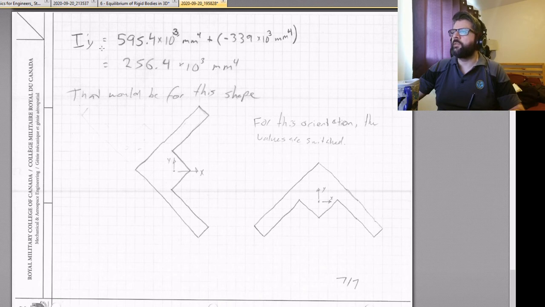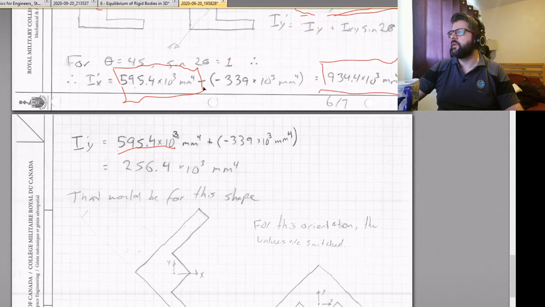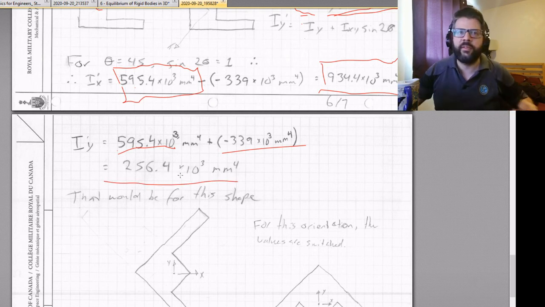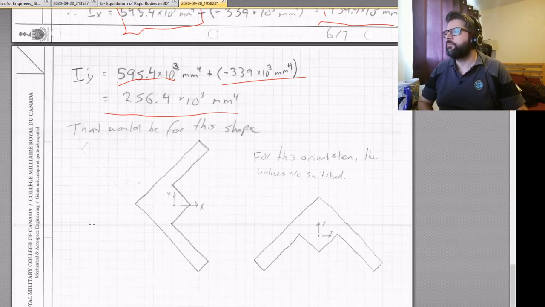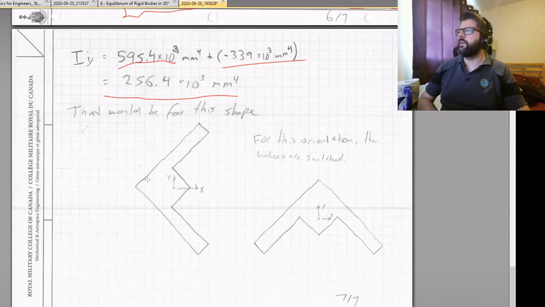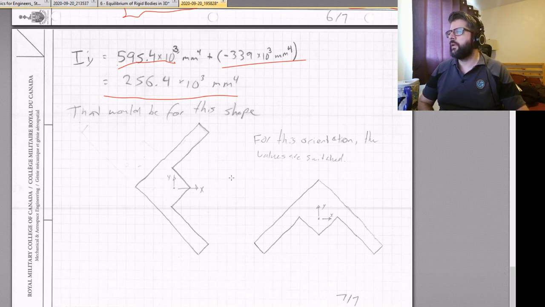Similarly, our Iy' is equal to the Iy that we initially calculated plus the Ixy term, which again is negative, so our Iy decreases to 256.4 times 10 to the 3 millimeters to the 4th. Those are the values that we get for this shape.